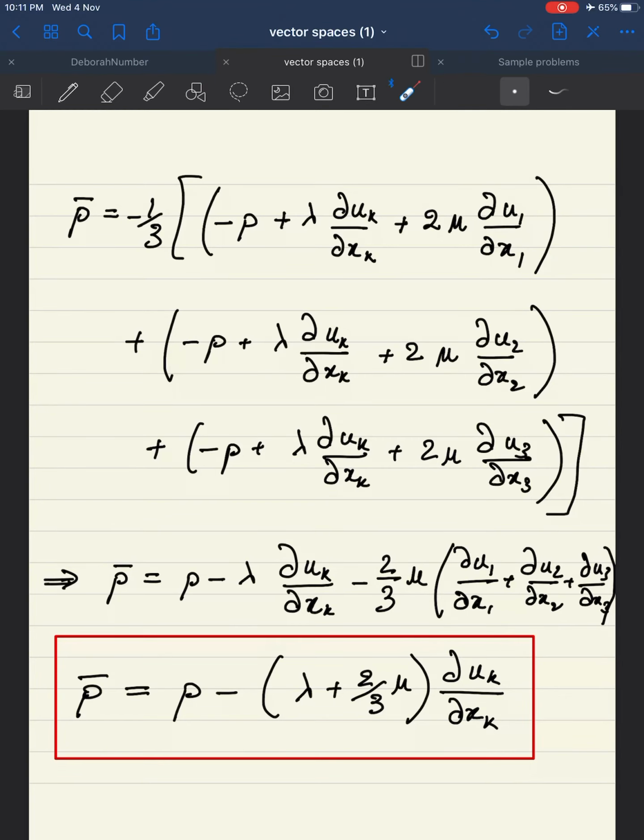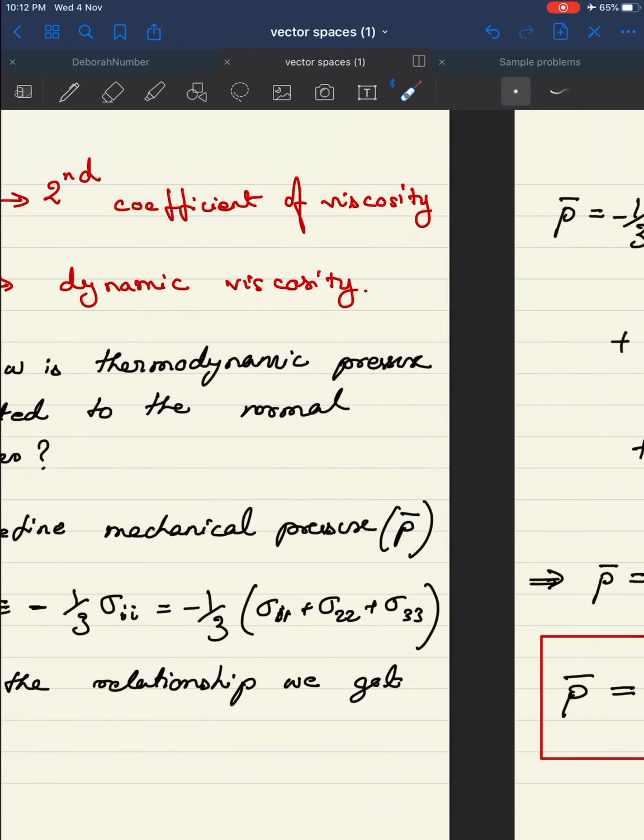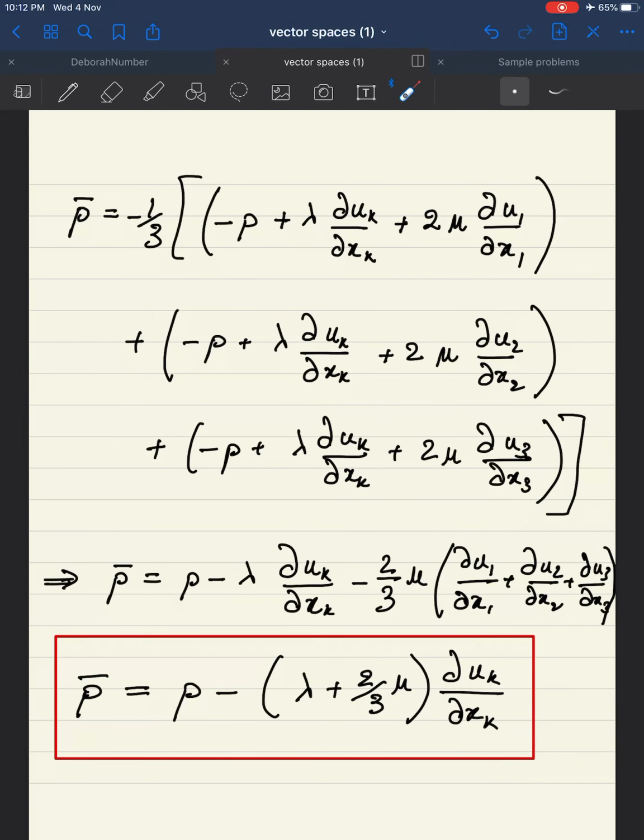So we had asked ourselves, how is the thermodynamic pressure, which is P, related to the normal stresses, and then we had defined a mechanical pressure P bar, which is equal to minus 1/3 of the average of all the normal stresses. And now we know that this average of the normal stresses is equal to P minus this particular quantity.